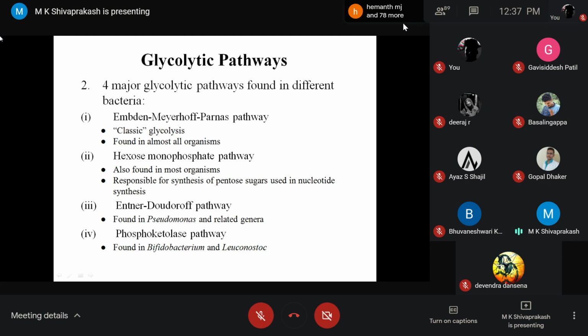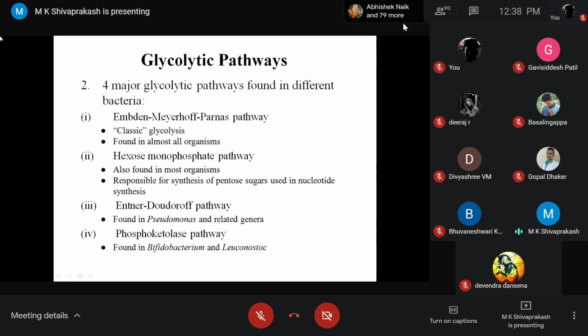And other than this EMP, you also have 3 alternate pathways. They are the hexose monophosphate pathway, also referred to as the pentose phosphate pathway, PPP. It is also found in most organisms, and is responsible for the synthesis of pentose sugars used in nucleotide biosynthesis. This is very important.